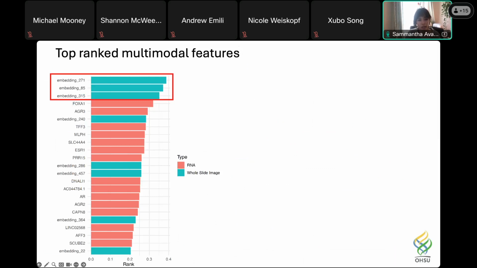And so again, these embeddings just provide an overall high level representation of morphological features from our whole slide images that were important for basal and luminal classification. And so while basal and luminal subtypes are defined based off gene expression, what these results really show us is the importance of imaging features in our multimodal model approach for molecular subtyping.